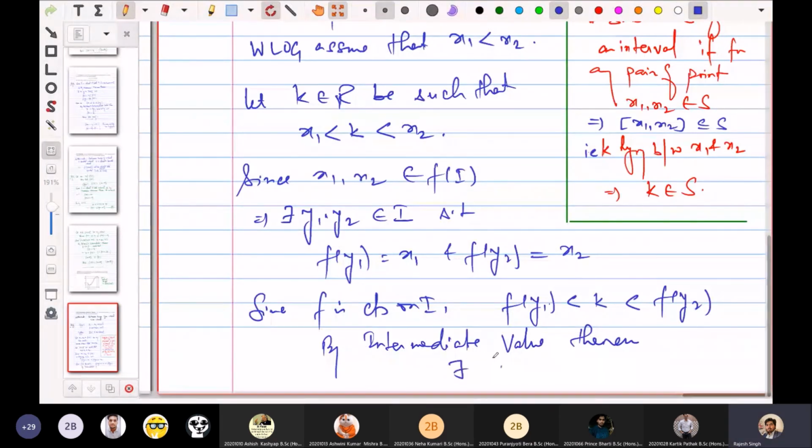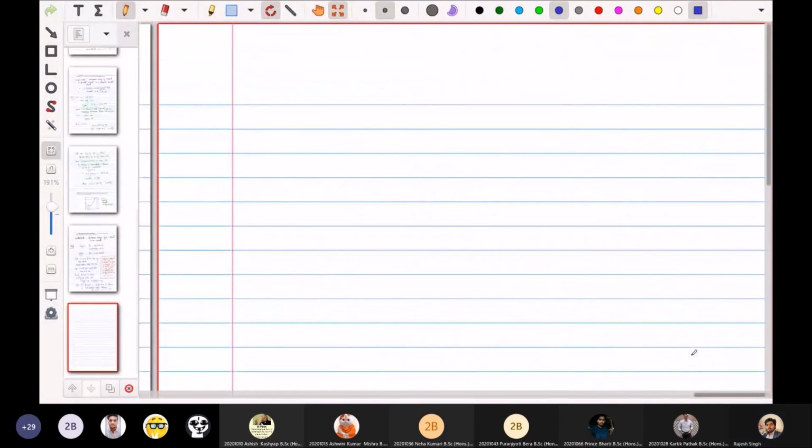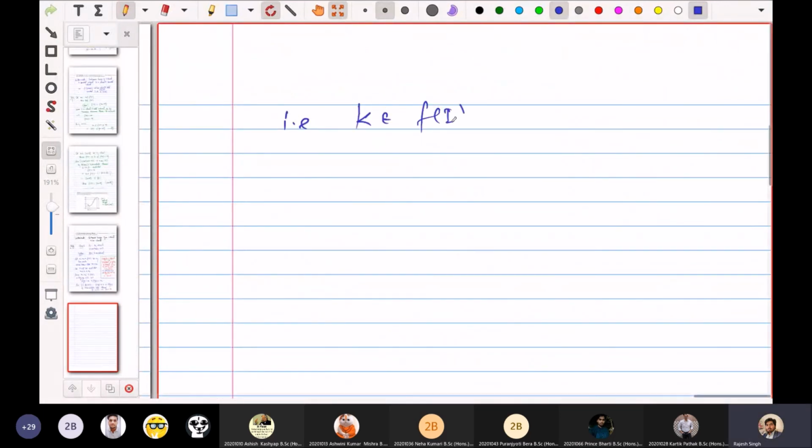There exists c in I such that f of c is equal to k, that is k belongs to f of I.